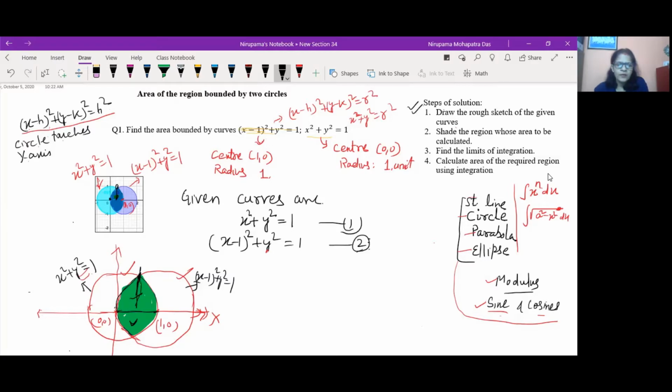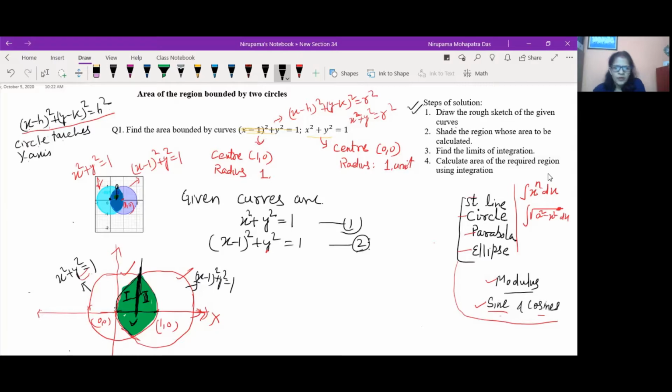Just to clarify that, we will take the boundary. I'm drawing this black vertical line. Now you can see the black vertical line divides the portion above the x-axis into two parts. Let me take them as part 1 and part 2.